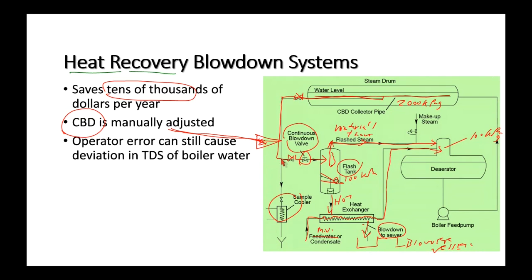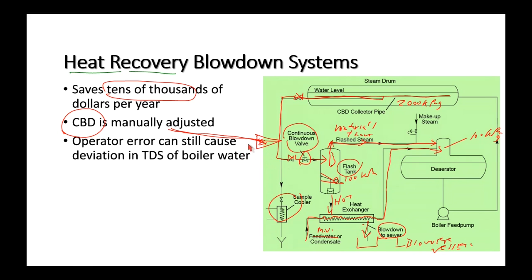So what does he do? He closes the CBD valve back a little bit, or maybe shuts it off altogether, and he wants the cycles of concentration to once again get back into the normal dissolved solids range. But he falls asleep on night shift, and he forgets to do the test.